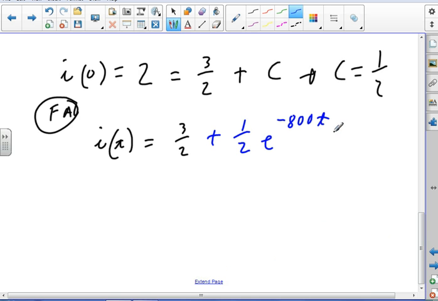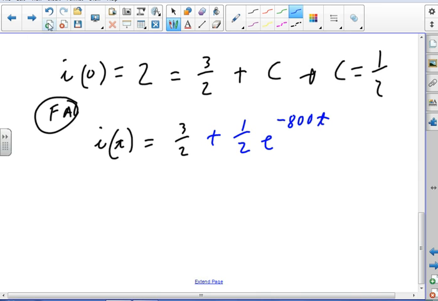And as t gets bigger, after 3 half-lives, this is going to be extremely small. I'm going to get the 3 halves that I told you, after 5 time constants. So now the issue is, what is the time constant? Is the time constant 800? It is. So that's my final answer.